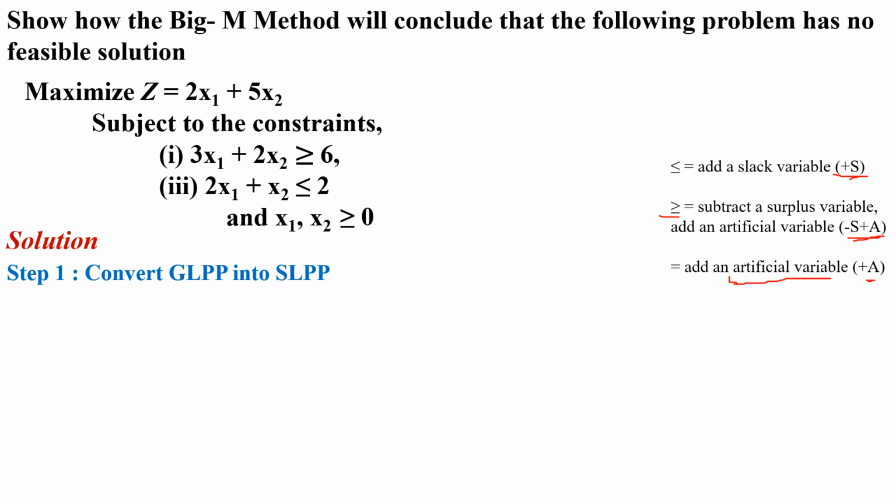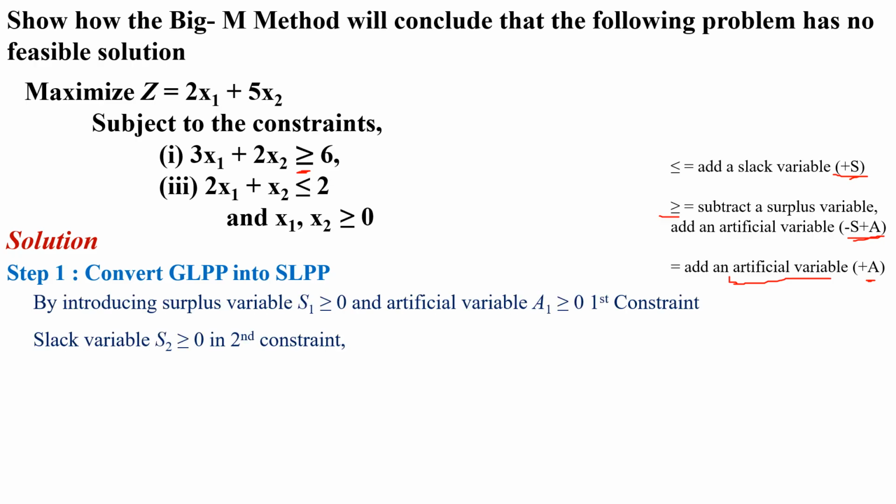In the given constraints, the first constraint has the greater than or equal to inequality symbol, so we have to introduce the negative surplus variable as well as a positive artificial variable. So we introduce the surplus variable S1 and the artificial variable A1 in the first constraint.